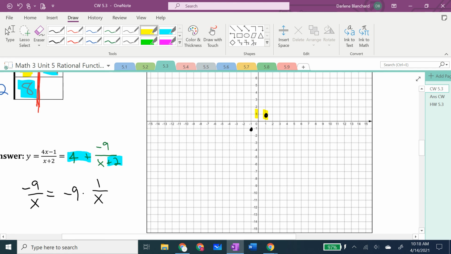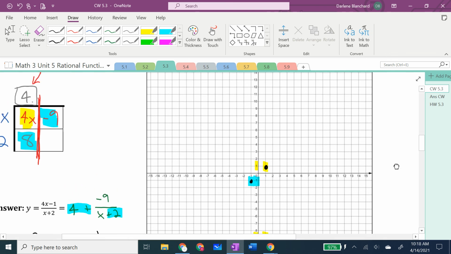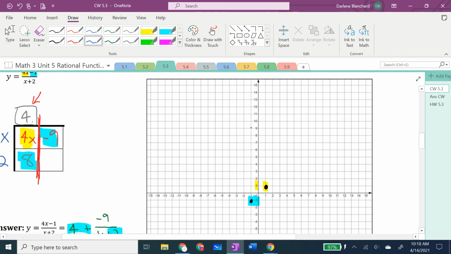That's going to force the graph to flip over the x-axis and stretch. Then take the y value of -1 and multiply that y value by -9. -1 times -9 will give you +9. So that does the flip and the stretch.